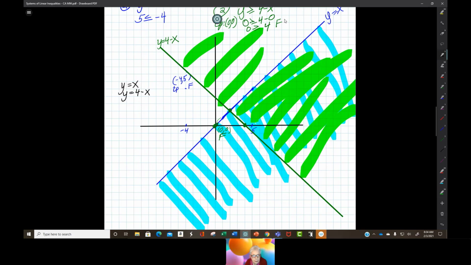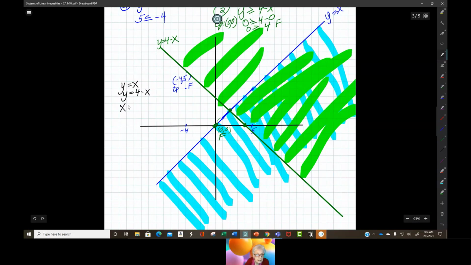Now, notice this. I'm going to use substitution because I think that's probably the easiest way. If y equals x and y equals 4 minus x, then y equals both of them, right?